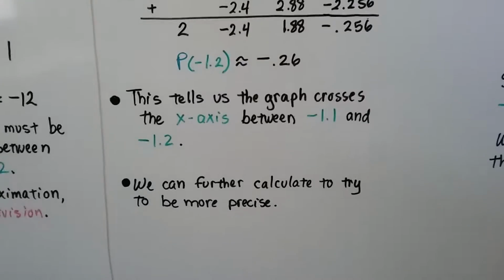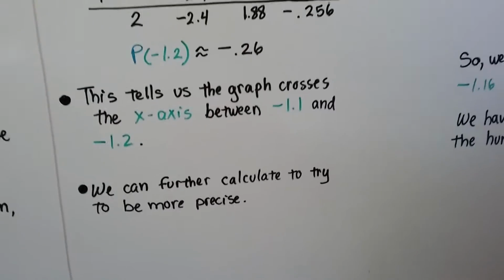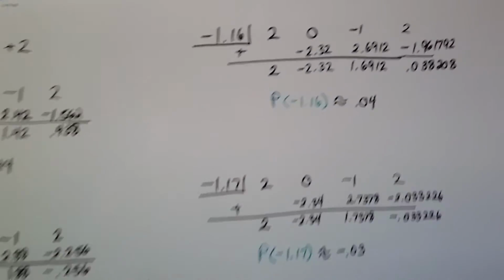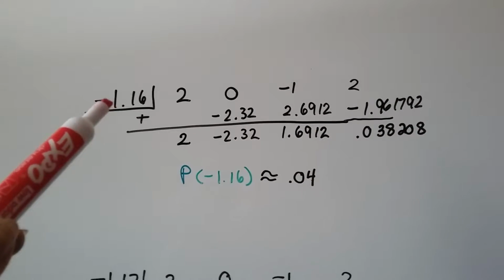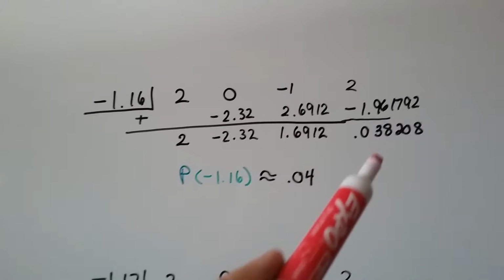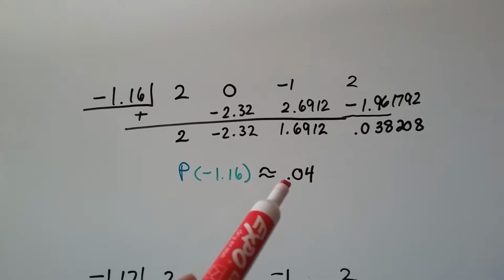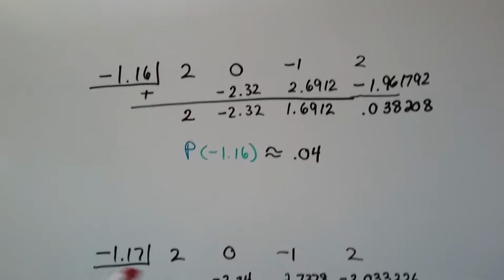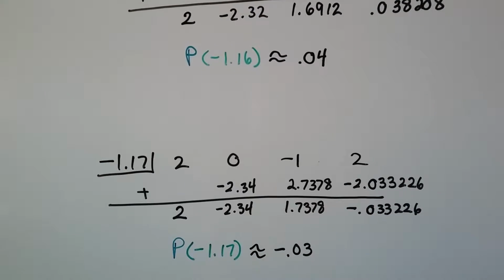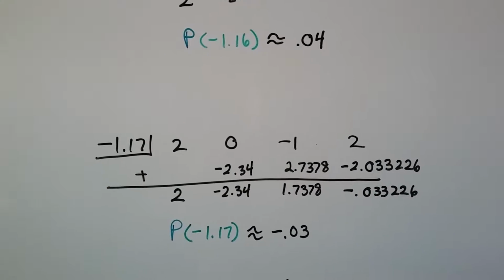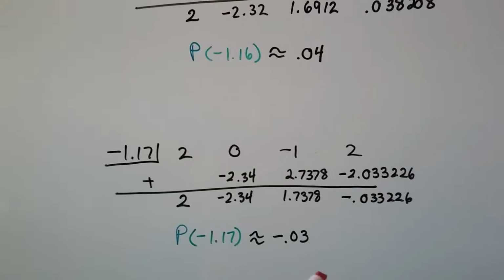And we can further calculate to try to be more precise. So let's try negative 1.16 and see if that can get us to 0. Well, we're getting close. It's approximately 0.04. So let's try negative 1.17. We do our synthetic division.